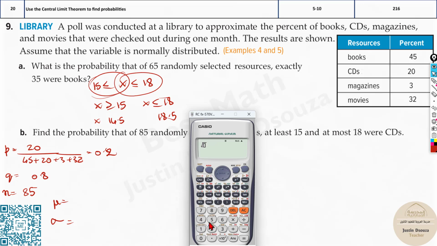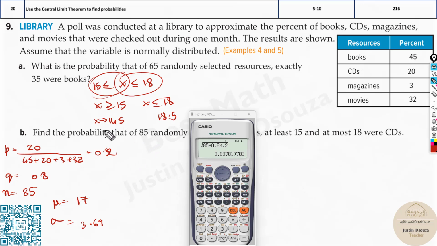And the standard deviation, the square root of 85 times 0.8 times 0.2, is 3.69. Over here we got 17 and 3.69.